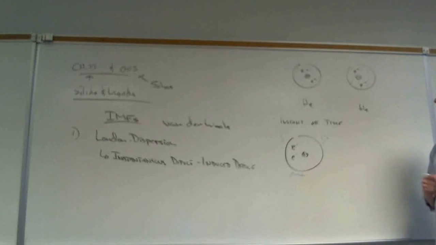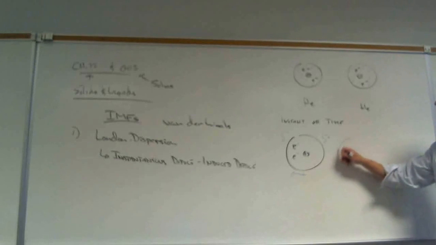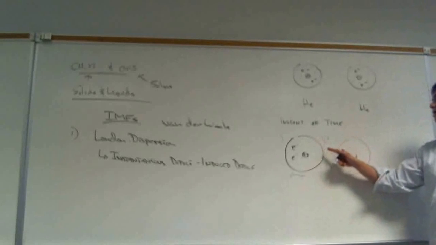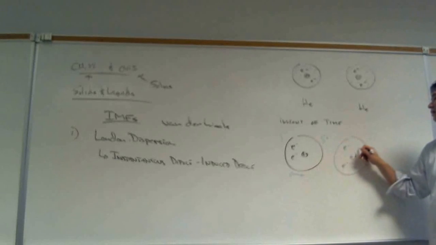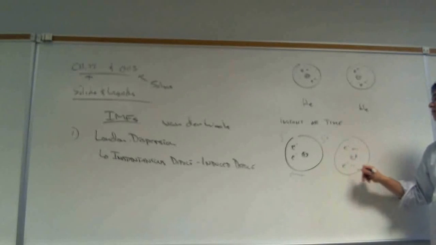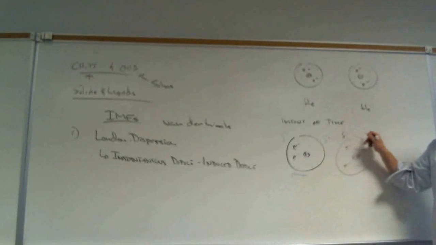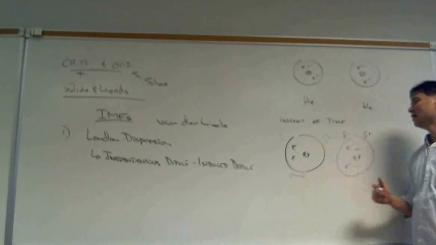It's just one moment of time. What that's going to do is induce a dipole in the other. This adjacent helium is going to see the positive charge region, and the electron is going to migrate towards there. That's going to induce a dipole over here. And so we call this an instantaneous induced dipole.